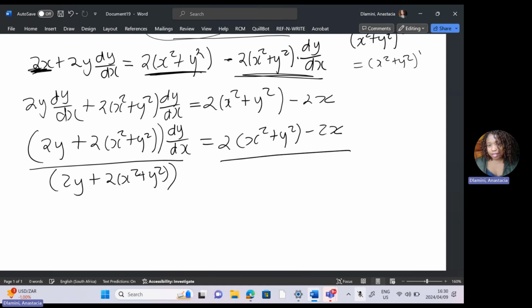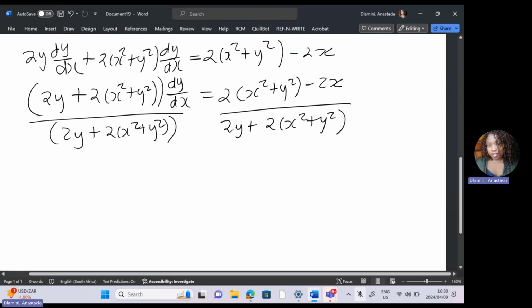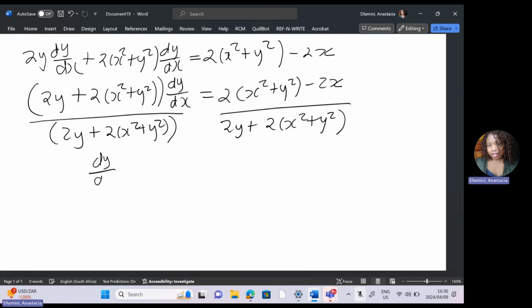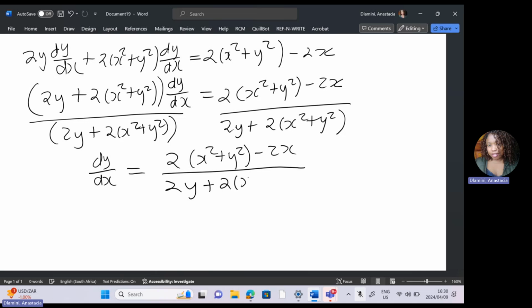And remember, what you do on your left, you do on your right hand side as well. So then we have that dy over dx is equal to 2 times x squared plus y squared minus 2x, over 2y plus 2 times x squared plus y squared.